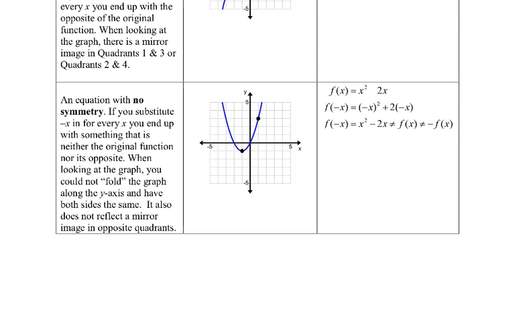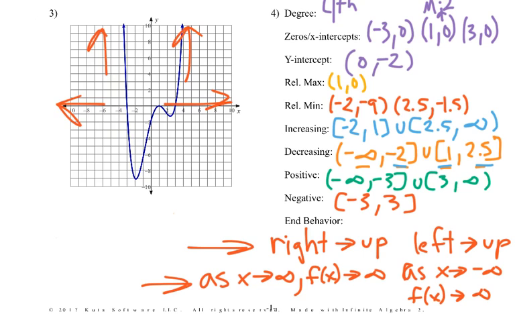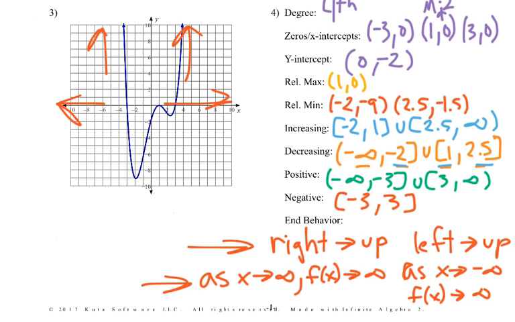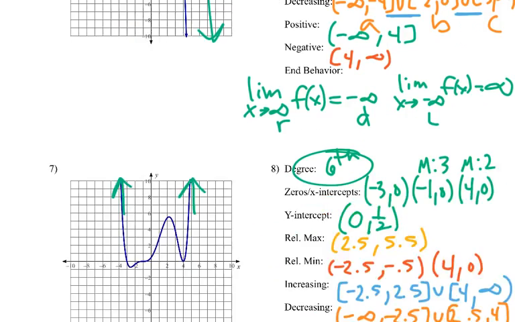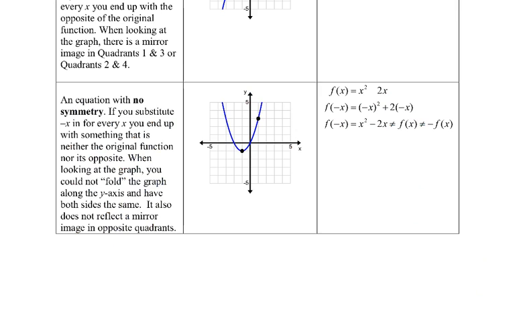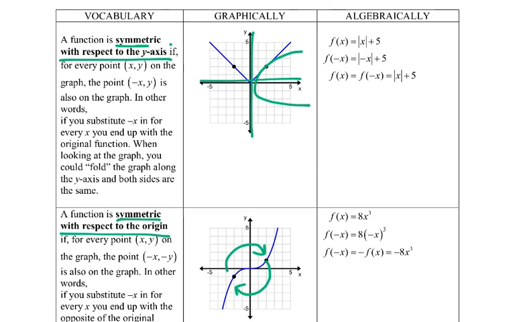And then if it has no symmetry, which most of these don't, because the way we've done them, there's not really a way you can make it symmetric. So that happens in only a few cases. That's why I don't talk about it a whole lot. But most of these wouldn't have symmetry. But that is something to pay attention to when you're looking at this stuff.